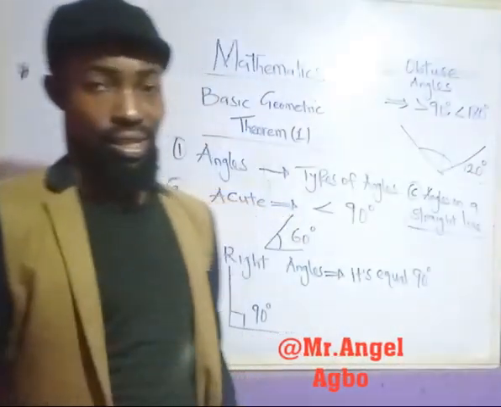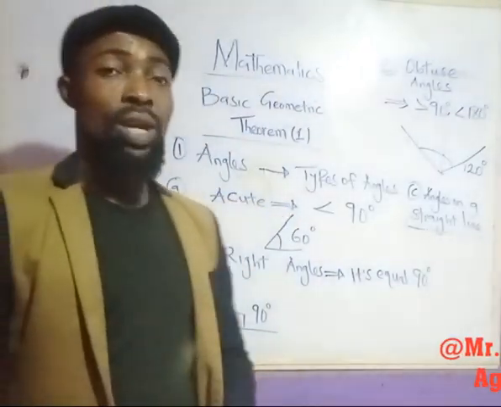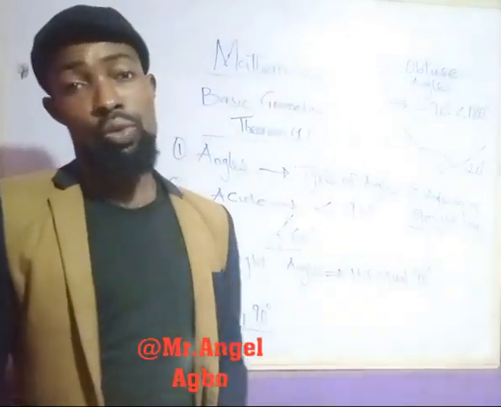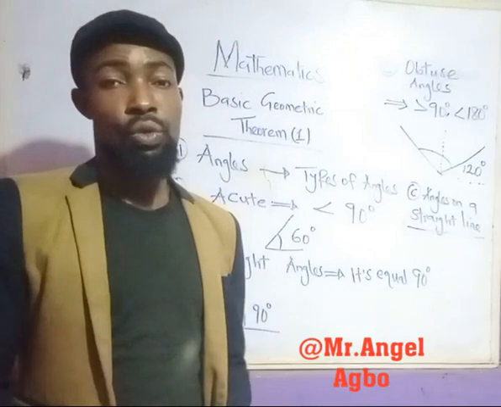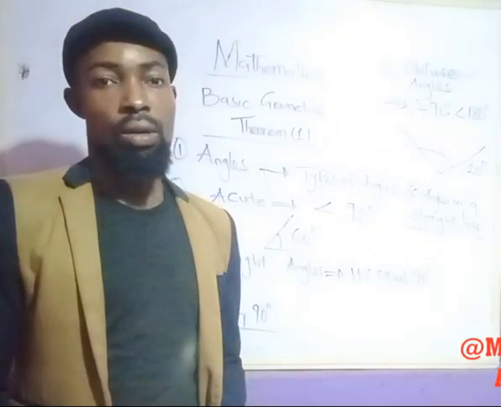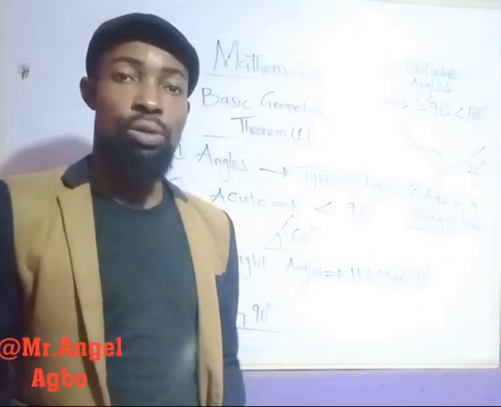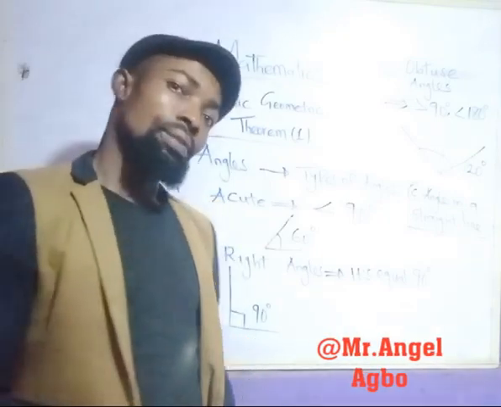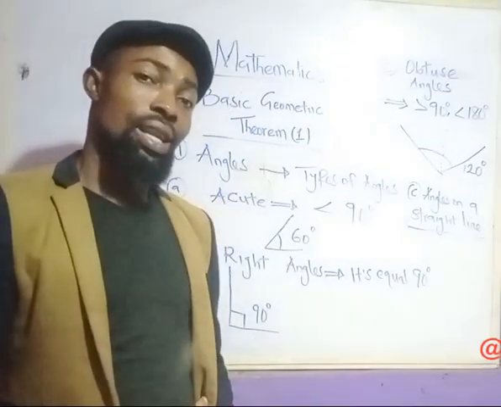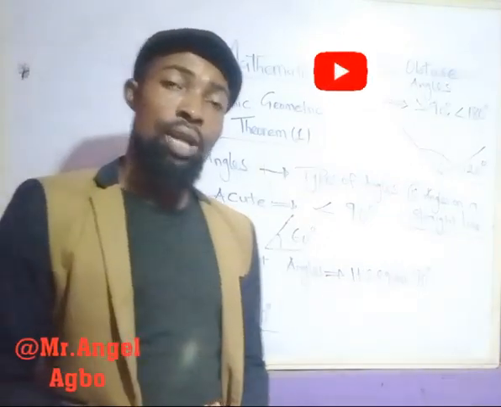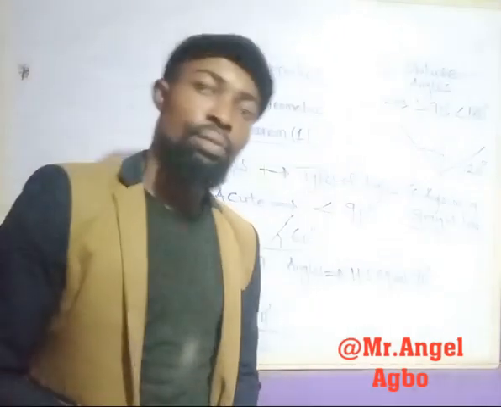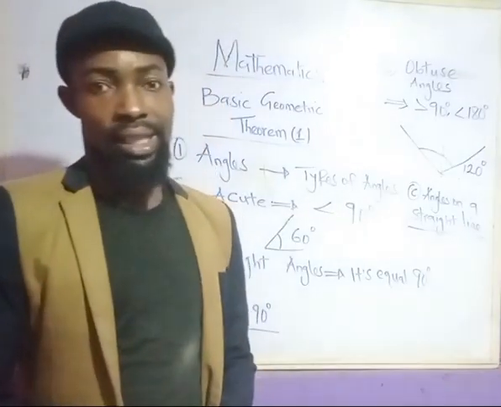180 degrees. Yes. And we can also say that angle on a straight line is equal to the combination of two right angles. When two right angles combine together, it forms angle on a straight line.